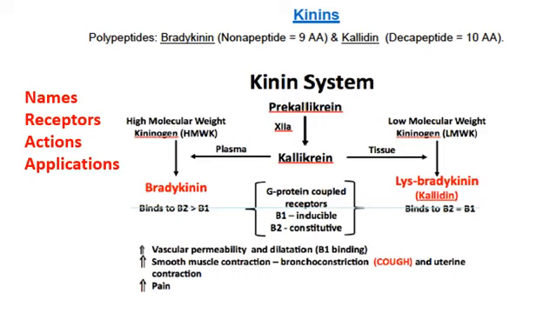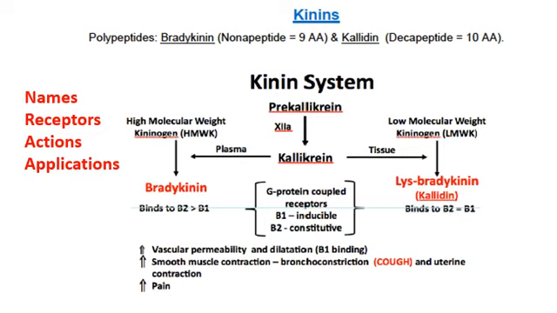So this kallikrein enzyme is the enzyme that's going to activate the kinin system. الكاليكراين enzyme ده بقى هيعتمد لو هو في البلازما it will work on the high molecular weight kininogen يحوله إلى براديكاينين، ولو هو في التيشوز هيشتغل على اللو molecular weight kininogen يحوله إلى لايسينايل براديكاينين و another name كاليدين.